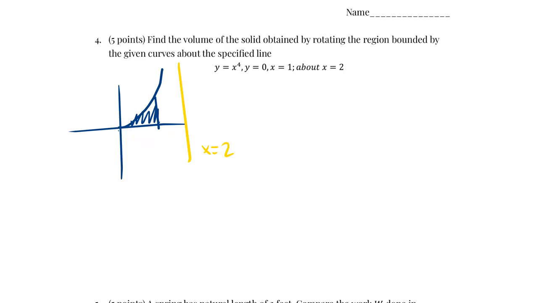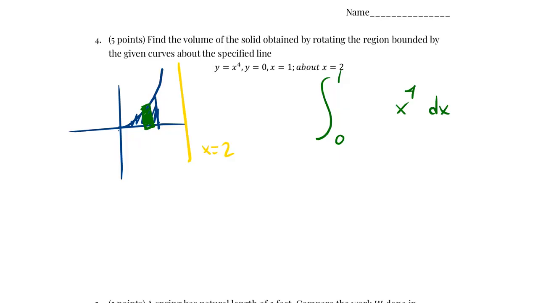So for this problem, I'm going to go ahead and choose the shell method. So I'm going to do a vertical rectangle there. It's going to give me a dx. So the height of that rectangle is x to the 4th. We're going to go from 0 to 1.